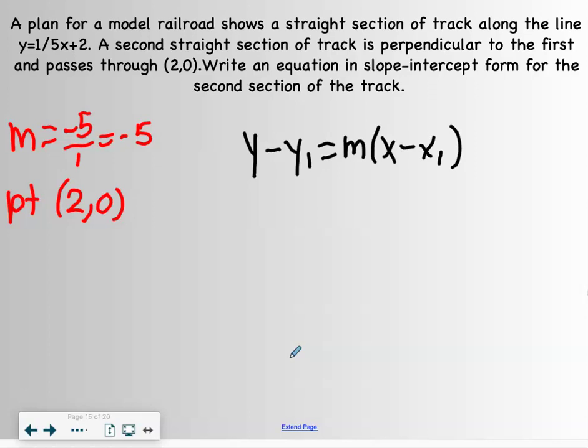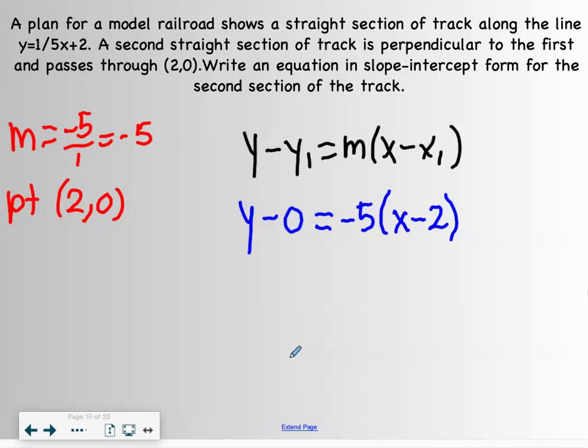Alright. So we're going to have y minus, what's our y coordinate? 0. What's our slope? Negative 5. x minus our x coordinate, 2. And it wants it in slope intercept form, so what variable am I solving for? We've got to get y alone. So what do I do first?